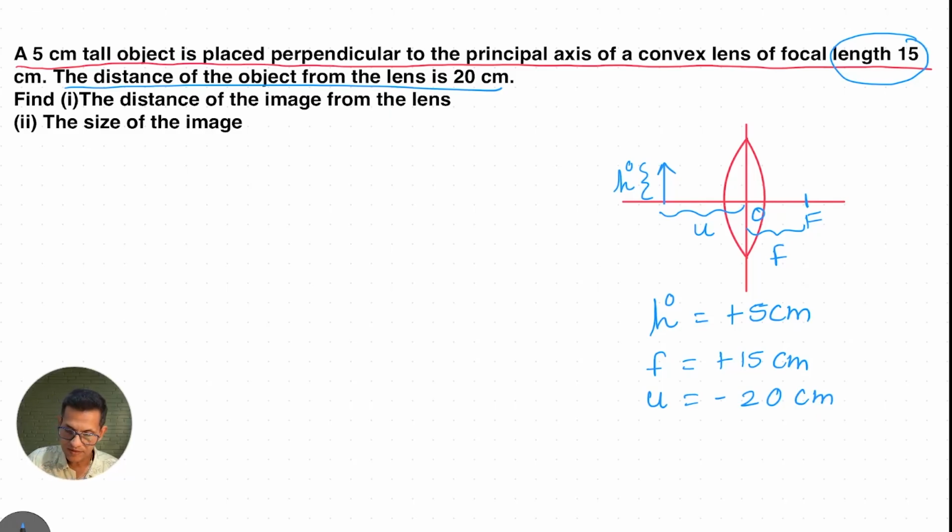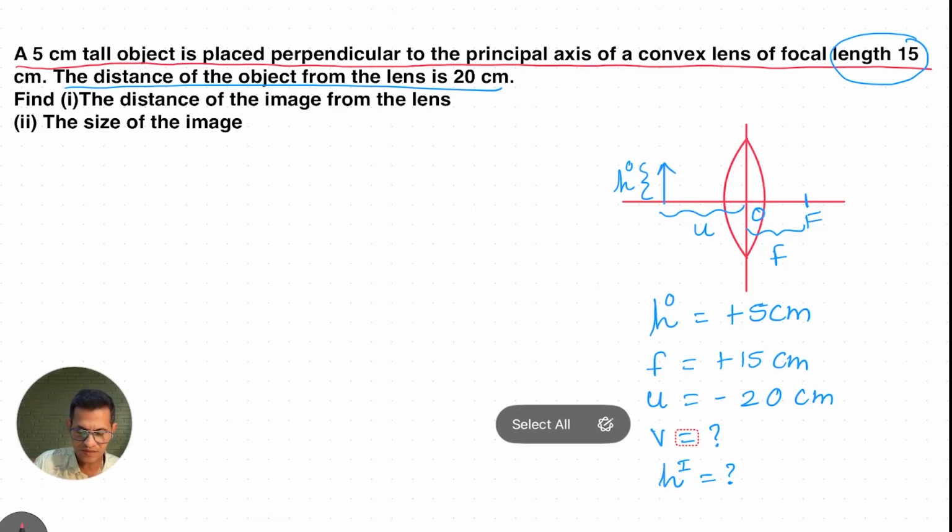We have to find the height of the image and the distance of the image, which means we need to find v, the distance of the image from the optical center, and the height of the image or the size of the image. We can also find magnification if you want, but this is what we need to find for now.